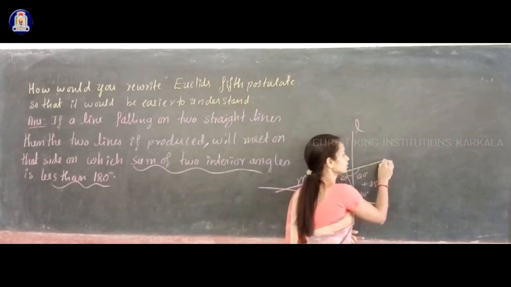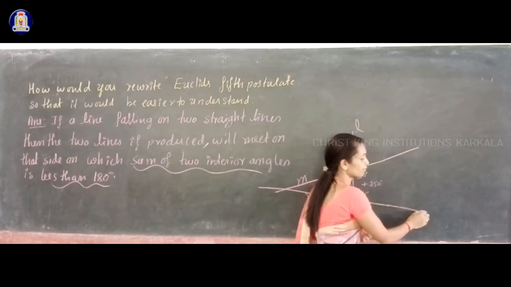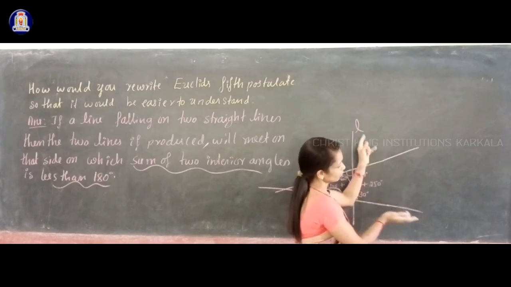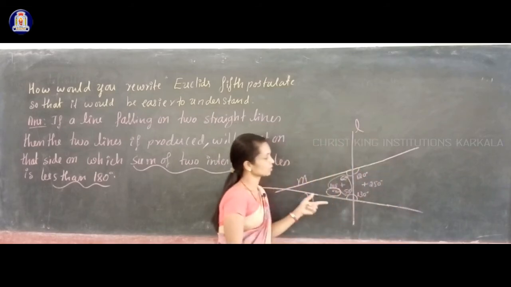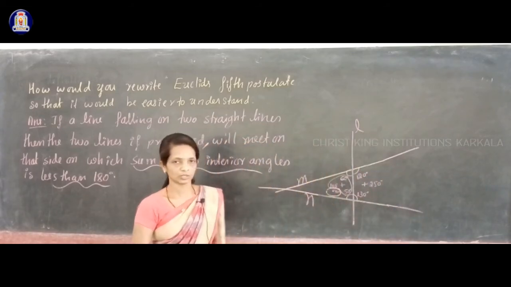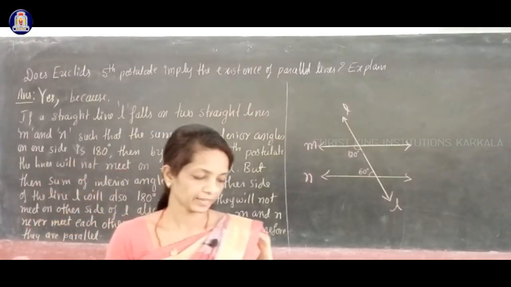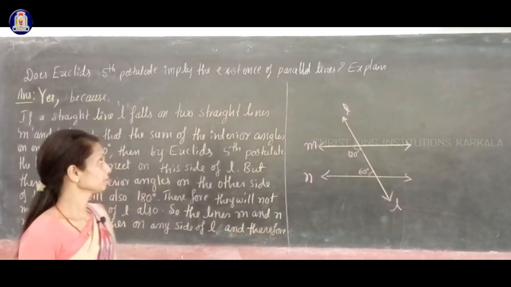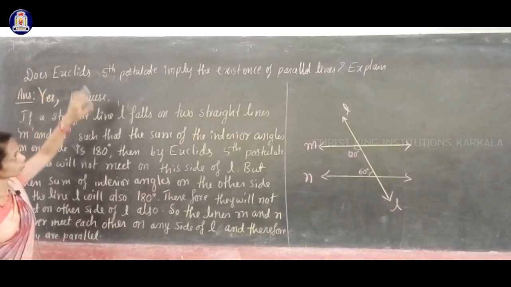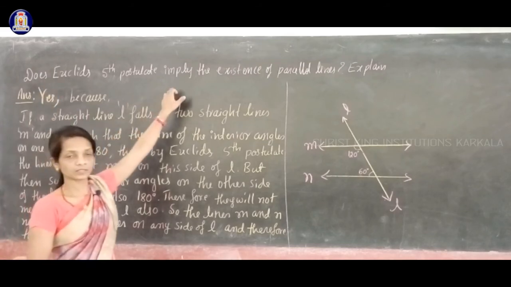If you produce these two lines in this direction, they never meet each other. Okay, they will go far away. So this is Euclid's fifth postulate. Okay, thank you.